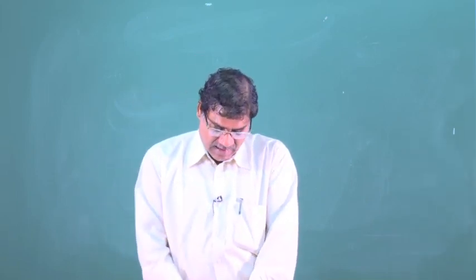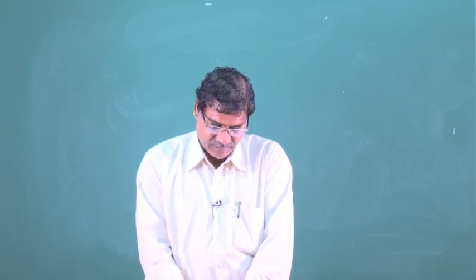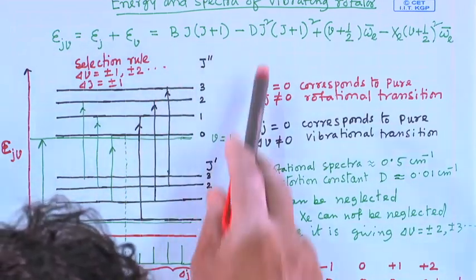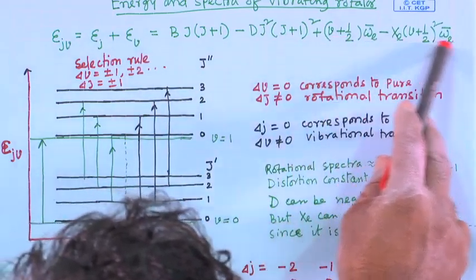Here you see I have used these black lines. This is the vibration energy level V equal to 0. Now, for V equal to 0, you put V equal to 0 here.